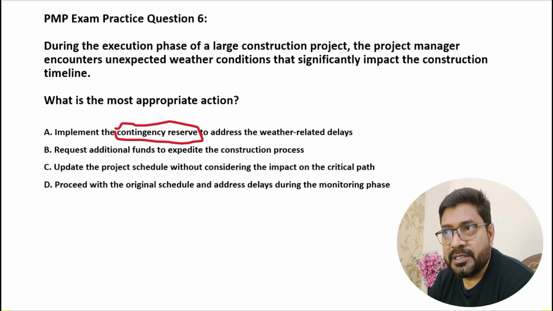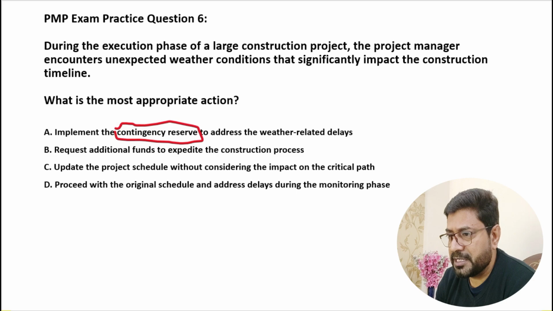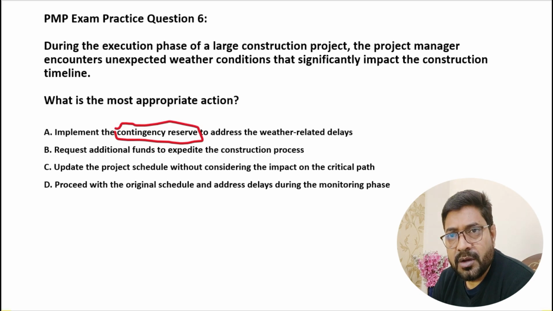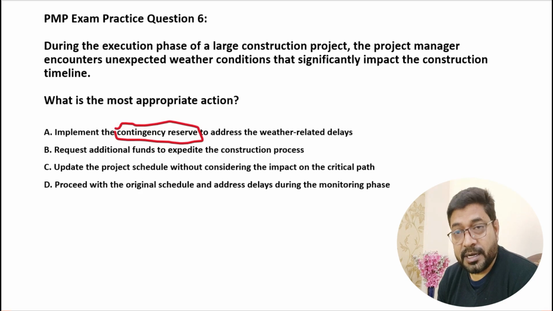So when you accept the risk, you accept the risk maybe because the impact could be very little, or nothing can be done about it. In that case, you will have to accept the risk, and whatever the risk comes, we will have to accept it. There is no option. Then again, there should be a plan for that also.